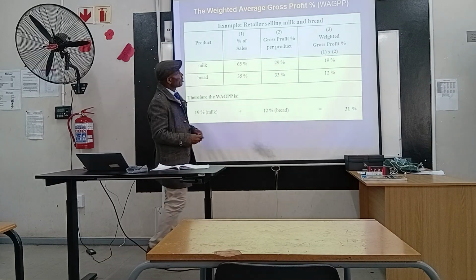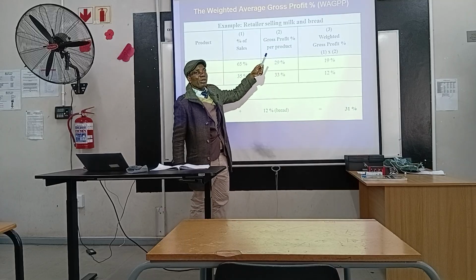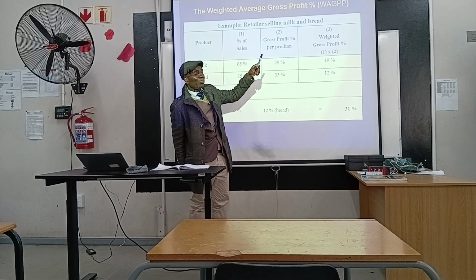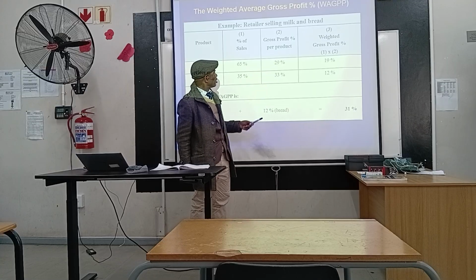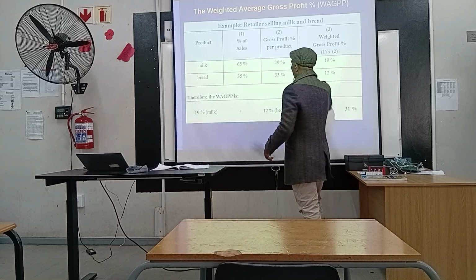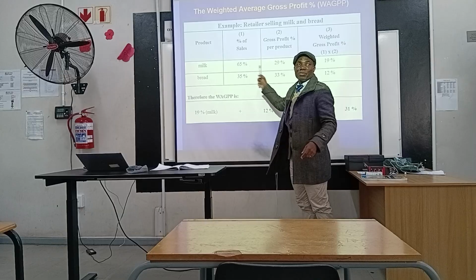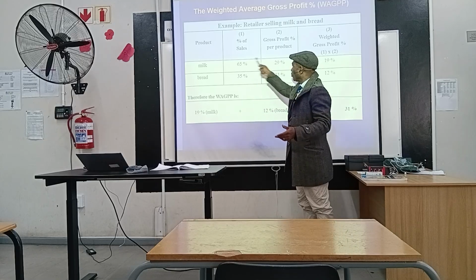So now the gross profit percentage, in other words what we call the margin or markup, here is 29%. This one is 33%. This is what we are mostly concerned with because these ones will be given. You are not to calculate this, it will be given. If it is an exam question, you will be given all this.